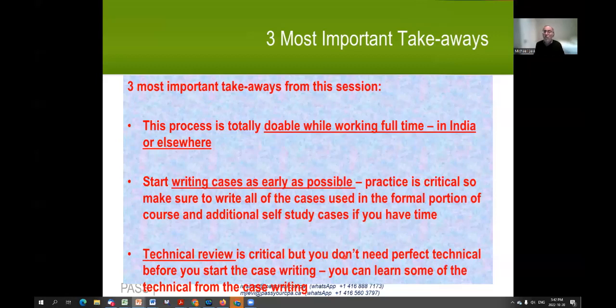And furthermore, you can learn a lot of technical from your case writing. Because if you write a case and you're not up on a particular technical issue, as part of your own personal debriefing of the case, you can try to fill in that technical gap by going back to the technical notes. So effectively, you're going to be learning how to write cases and learning your technical basically in tandem.